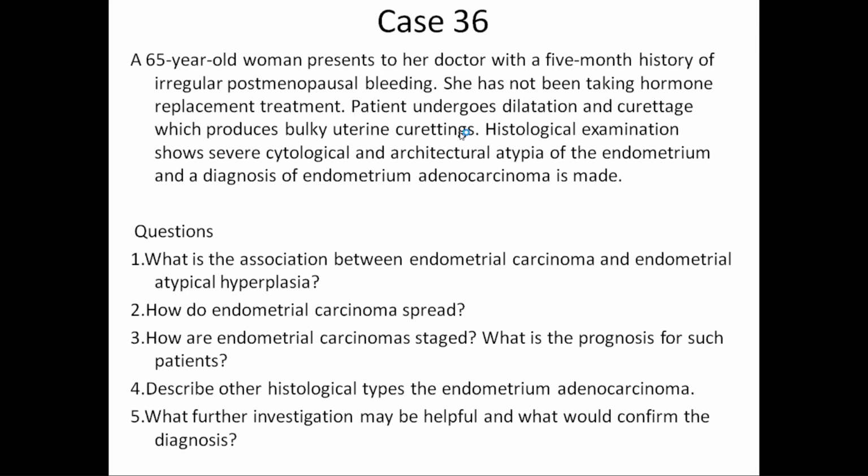Number 4, describe other histological types of the endometrial adenocarcinoma. I explained to you on page number 99. And what further investigation may be helpful and what would confirm the diagnosis? This is hormone examination.